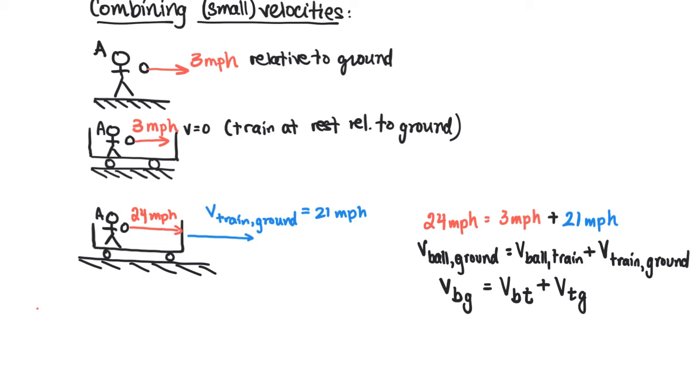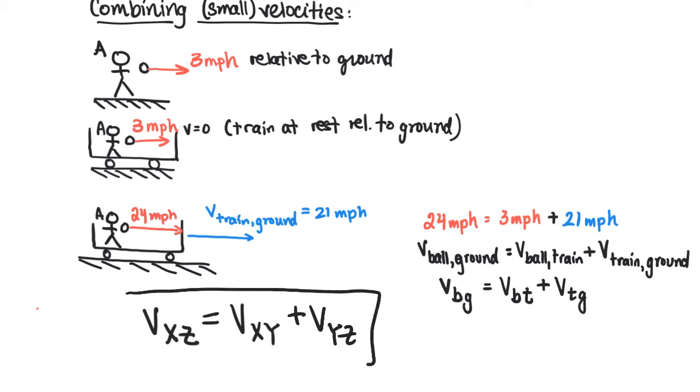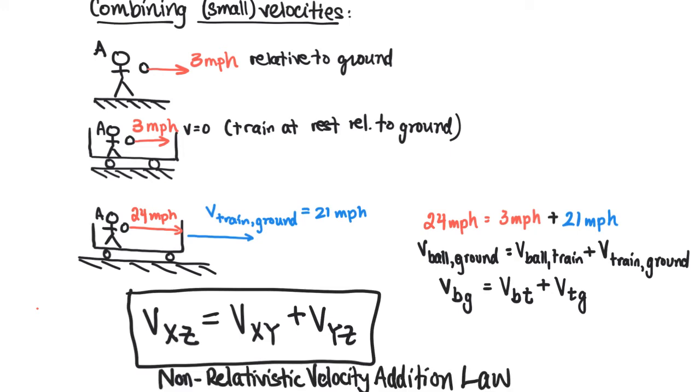So we can generalize this idea by writing V_xz, the velocity of object x relative to frame z, is equal to V_xy, the velocity of x relative to y, plus V_yz, the velocity of y relative to z. And we'll call this our non-relativistic velocity addition law. Here, non-relativistic just means speed slow compared to the speed of light.